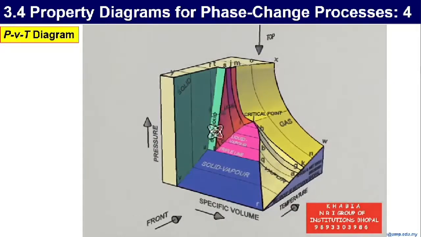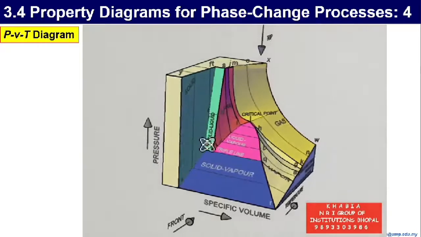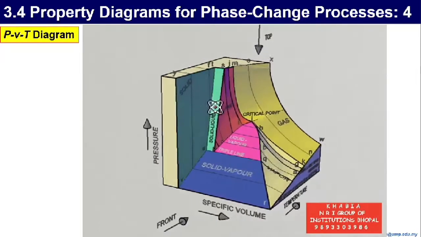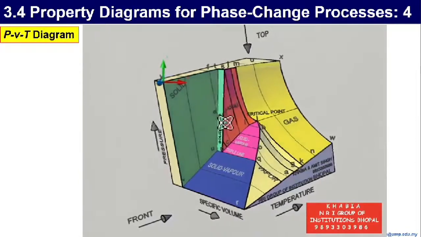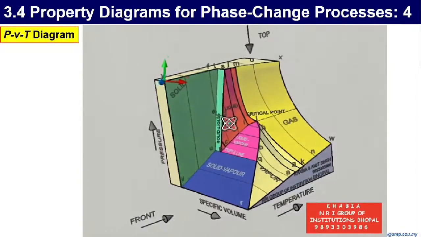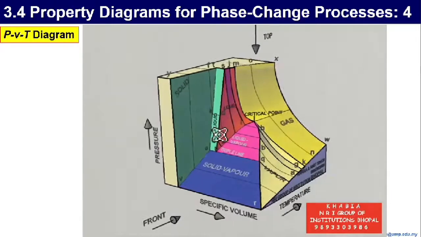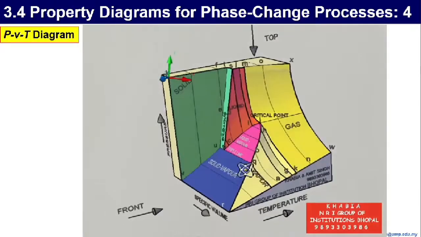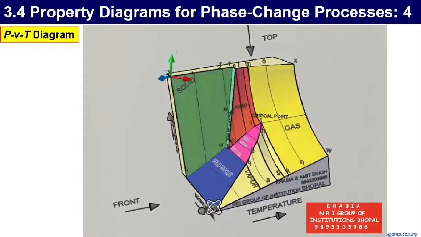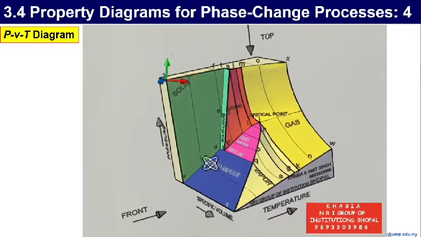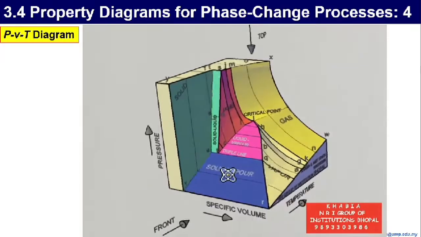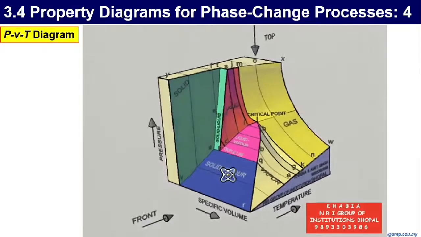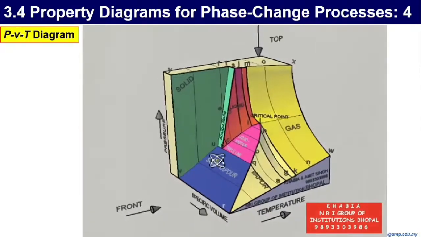The light blue colored phase PSTU indicates various possible equilibrium states of the pure substance when it is in two-phase solid liquid region. The dark blue colored surface RQUVR indicates various possible equilibrium states of the pure substance when it is in the two-phase solid vapor region.